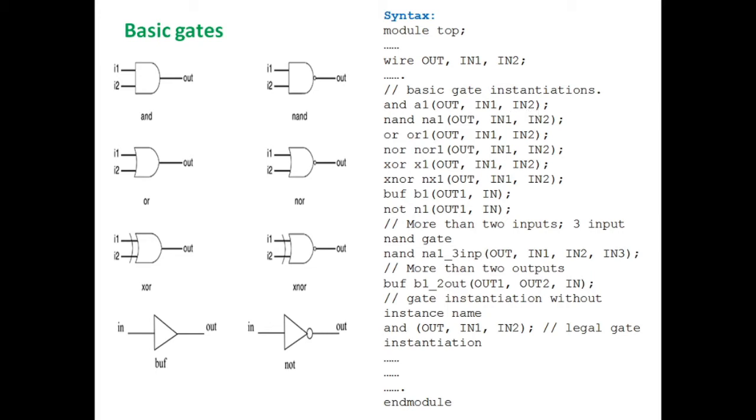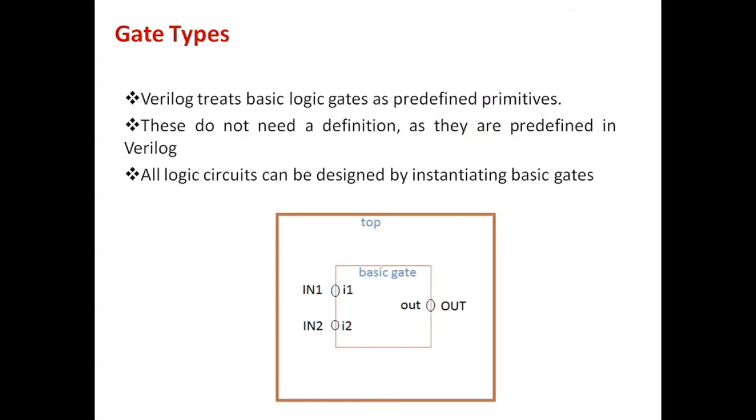The same logic that I explained in the earlier class: a logical gate is instantiated in the test bench module. The test bench module has some signals. These signals are driven into the ports of your instantiated gate. So the instantiated gate may have the input ports as small I1, small I2 and the output port as out, but these are communicating with the environment in which it is surrounded.